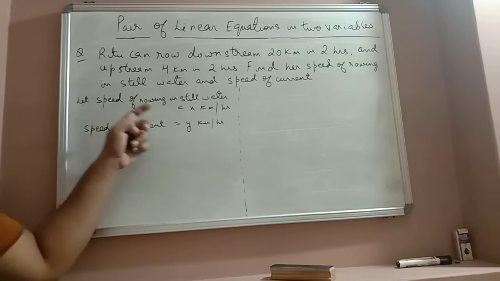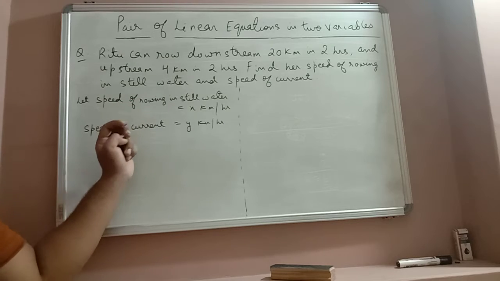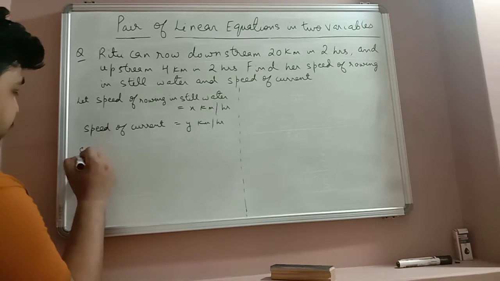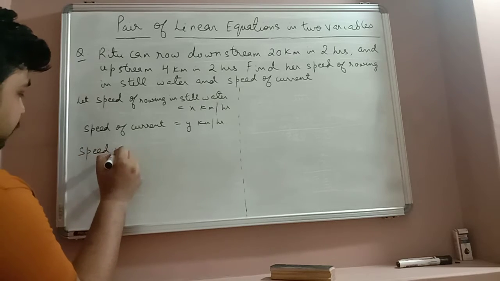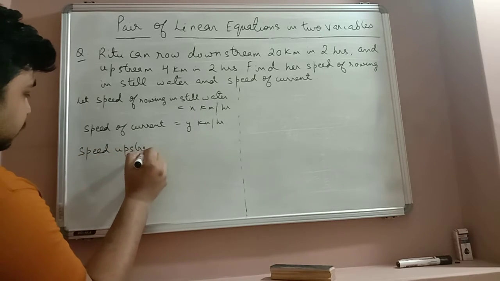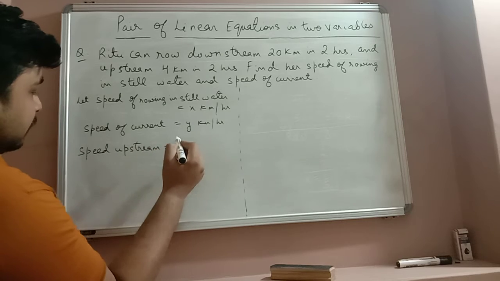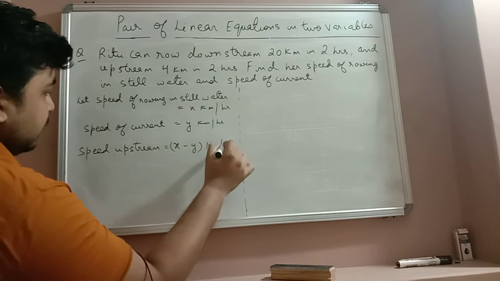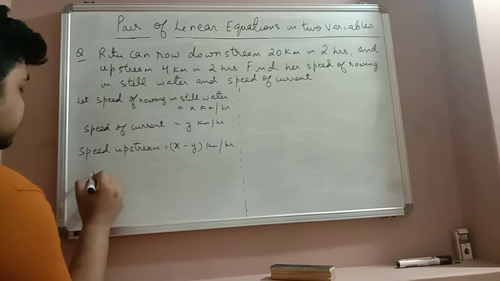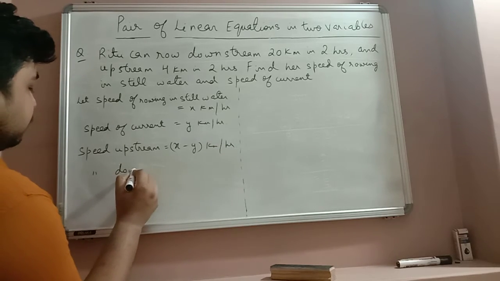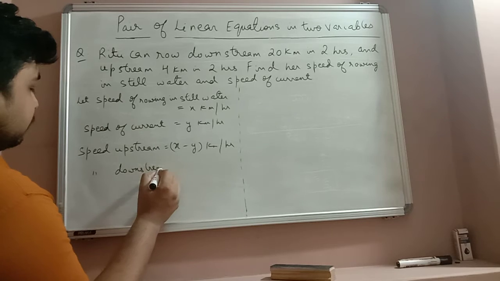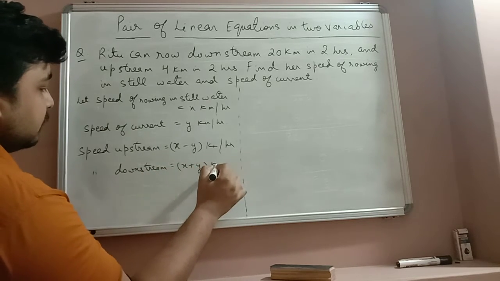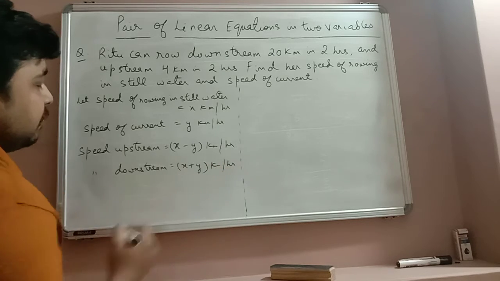Now, since we have taken the speed of rowing as x kilometers per hour and speed of current as y kilometers per hour, our speed upstream will become x minus y kilometers per hour against the current, and speed downstream will become x plus y kilometers per hour, that is in favor of the current.